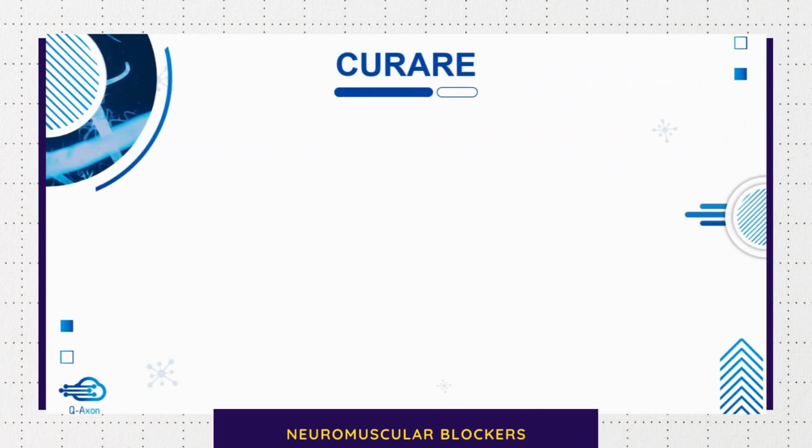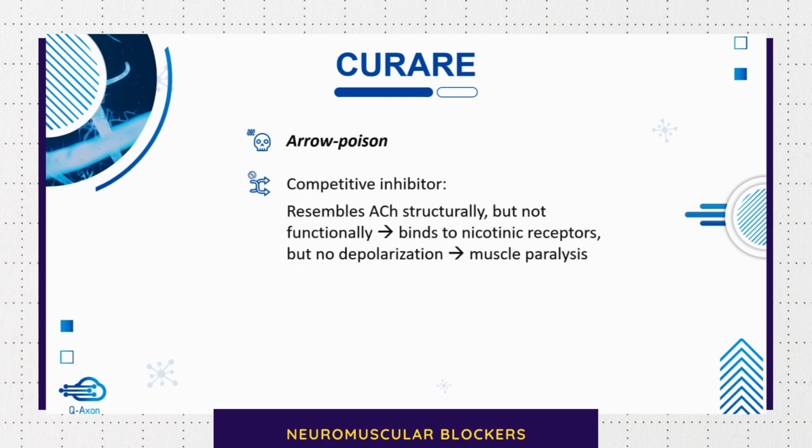Now let's look at curare, which was traditionally used as arrow poison and which is one of the oldest known neuromuscular blockers. So how does curare act? Curare is a competitive inhibitor, which means that it structurally resembles the acetylcholine molecule. So it binds to the nicotinic receptors.